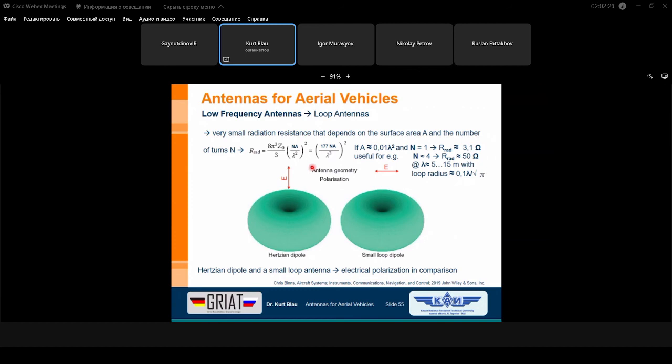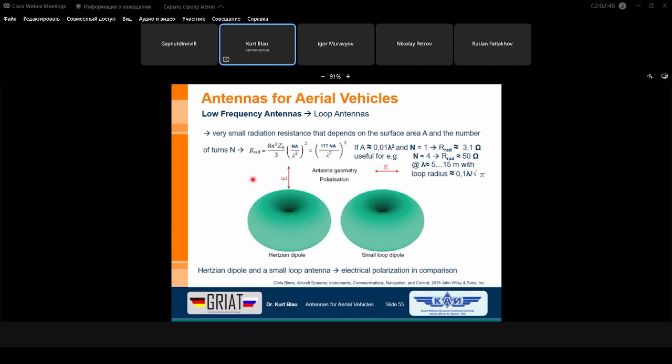This is the formula regarding, for instance, the wavelength dependence and the number of turns. It's given here, explained here. Large N is the number of turns, and A is the area of the loop given by the diameter of the loop.